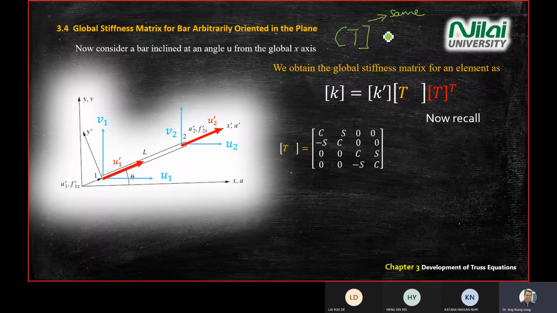For example, convert displacement to displacement, meaning local displacement to global displacement, and convert force in local to force in global. So for the same dimension, meaning displacement to displacement and force to force, you use transformation.